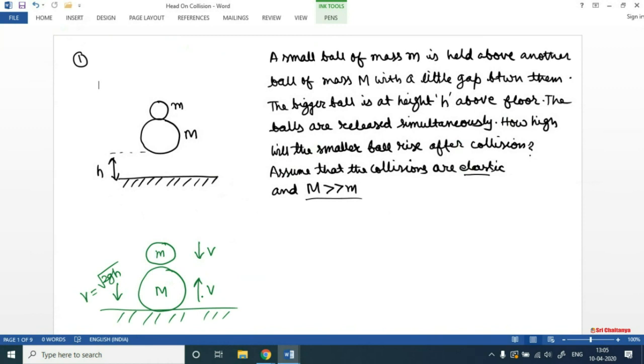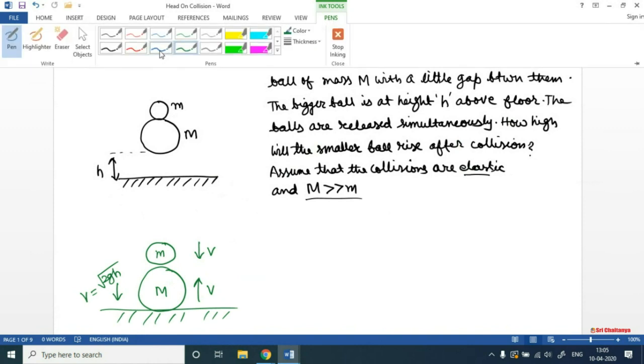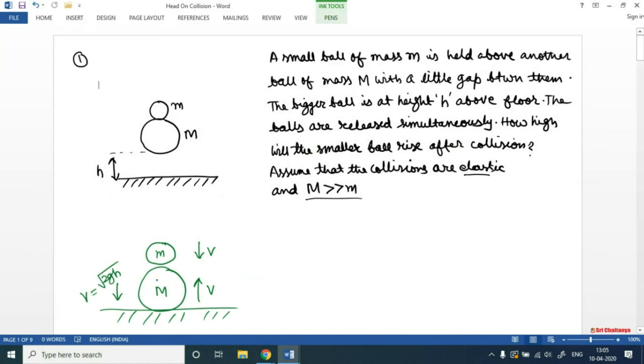Just after the collision, the larger ball, as we have just seen in the special case where capital M is much greater than small m, will still have a velocity very near to v.